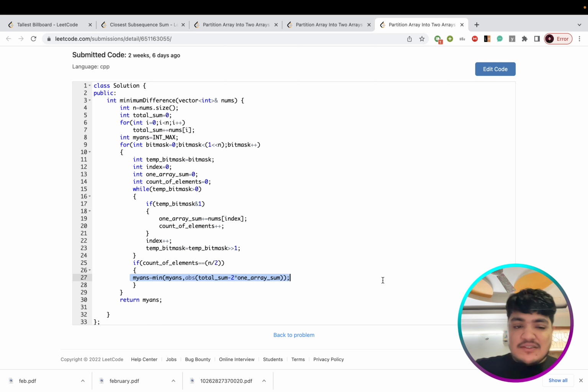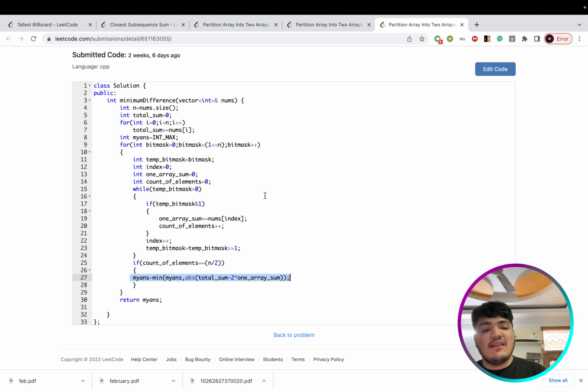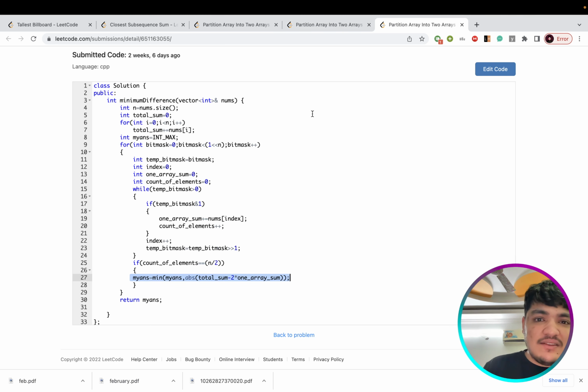So basically, this is the most conventional thing which will come to your mind after seeing this problem. But as I explained earlier, n is in this range 30, so it won't be working.